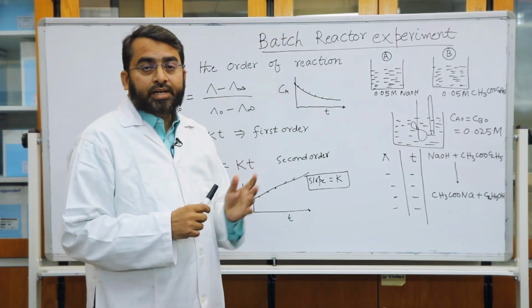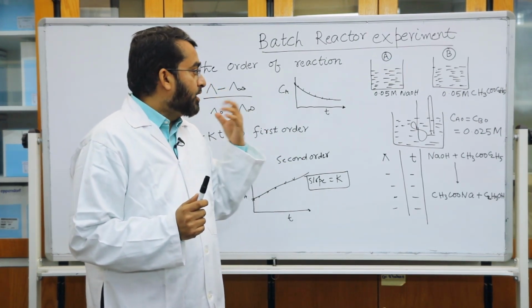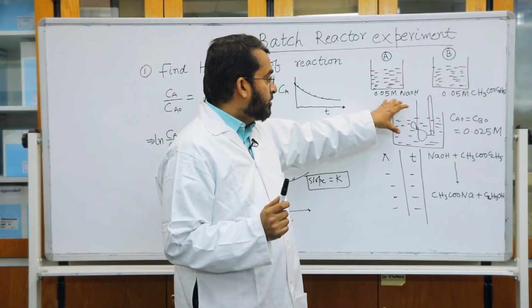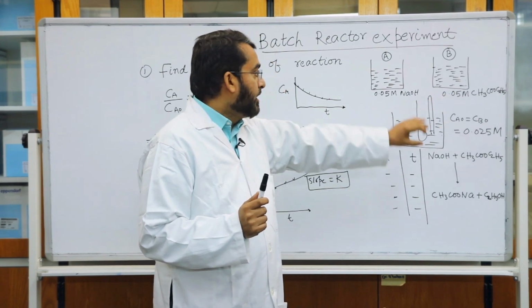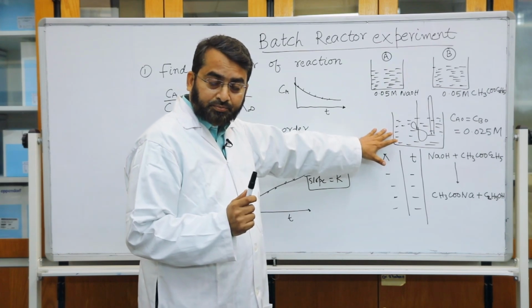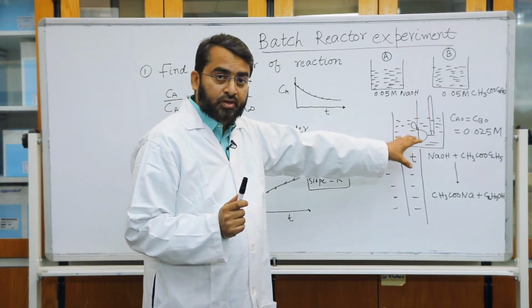So right away I will come to the experiment, how we are going to do it. We prepare, suppose, 0.05 molar NaOH and 0.05 molar ethyl acetate, and then we mix them in the batch reactor. The volume will be double, so the initial concentration will be half.